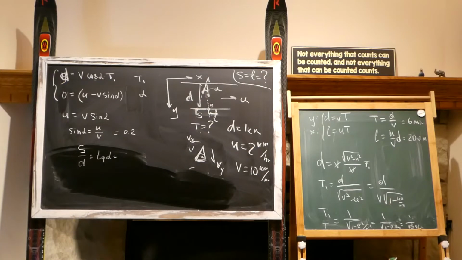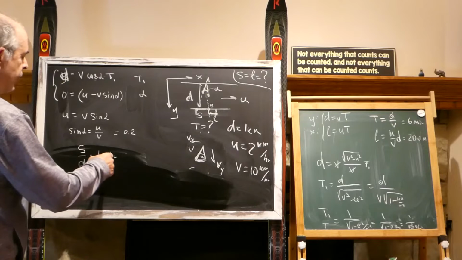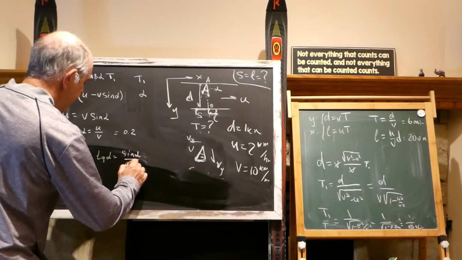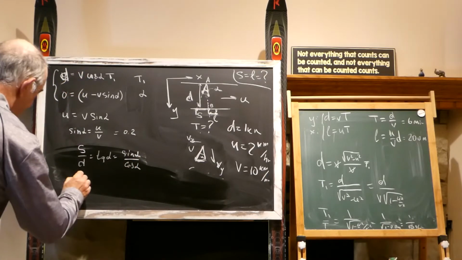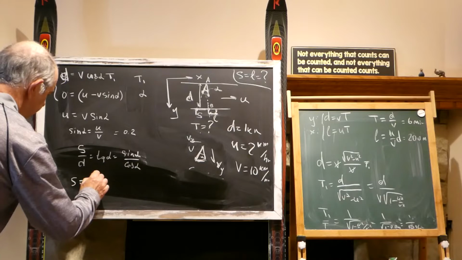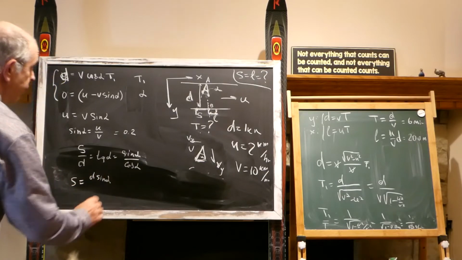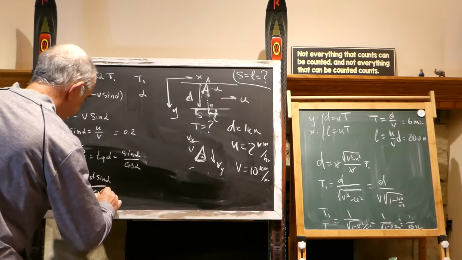And tangent alpha is sine alpha divided over cosine alpha. And so we know that S equals D sine alpha divided over cosine alpha.